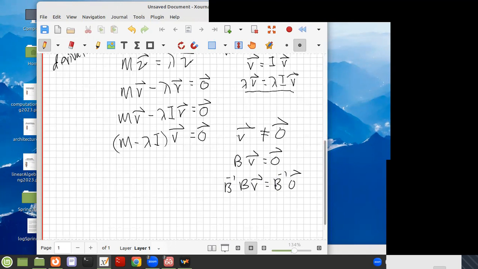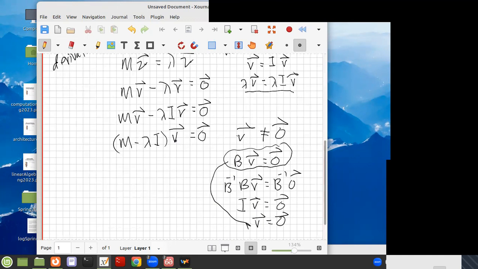Well, this matrix times the 0 vector is just going to equal the 0 vector, right? And the B inverse times the B is going to give the identity matrix times V, and that's going to give me V equals 0. So if you have this situation in which you had a matrix times V equals 0, if this matrix is invertible, then it has to be true that V is 0.